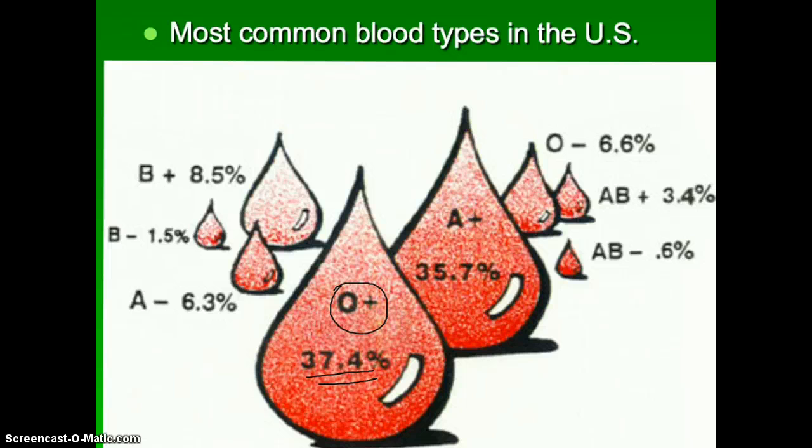In a close second, we have A positive, and then B positive is quite a bit behind. But if you notice, a lot of our negatives have smaller percentages. This just gives you an idea of what blood types are common in the US.